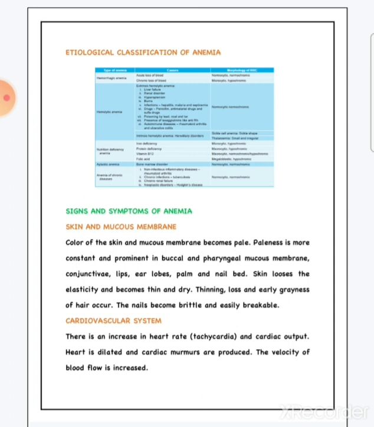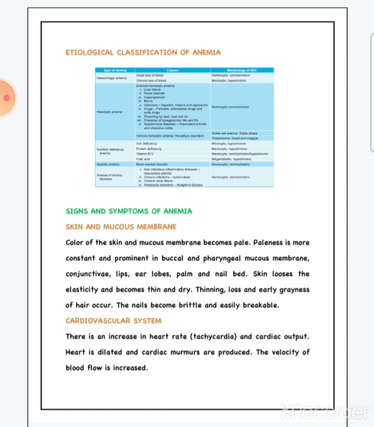The morphology of RBC in acute loss of blood is normocytic normochromic, whereas in chronic loss it is microcytic hypochromic anemia. Second one is hemolytic anemia.